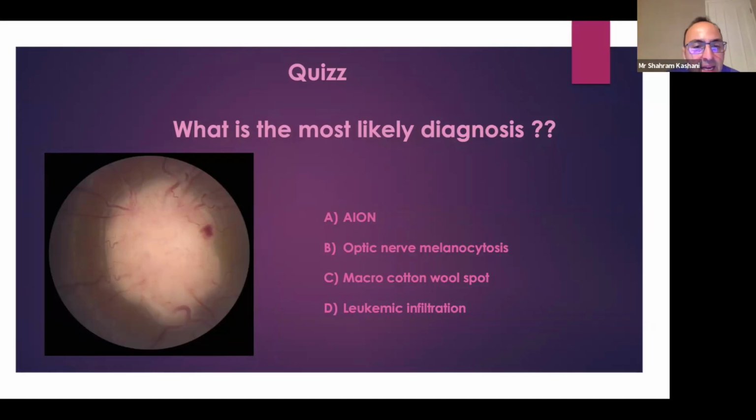So is this an arteritic ischemic optic neuropathy, optic nerve melanocytosis, macro cotton wool spot, or leukemic infiltration?